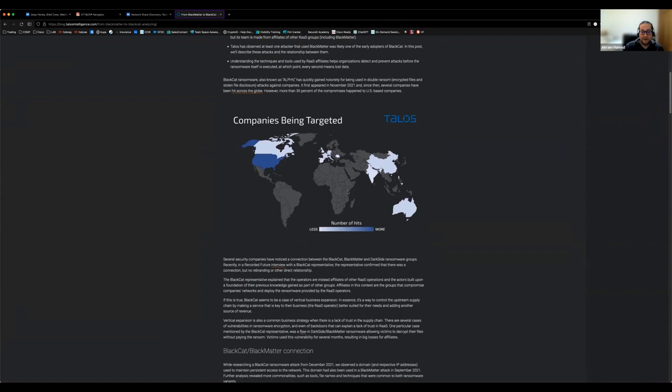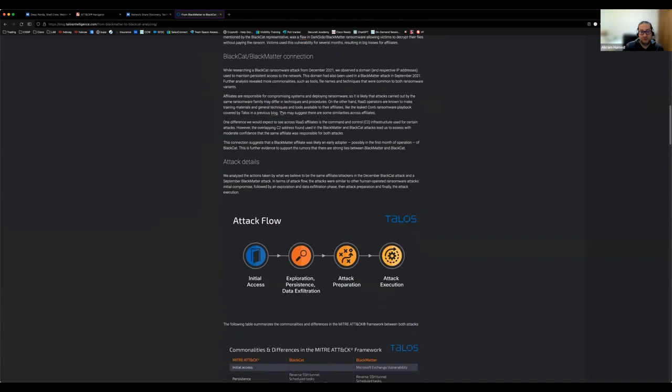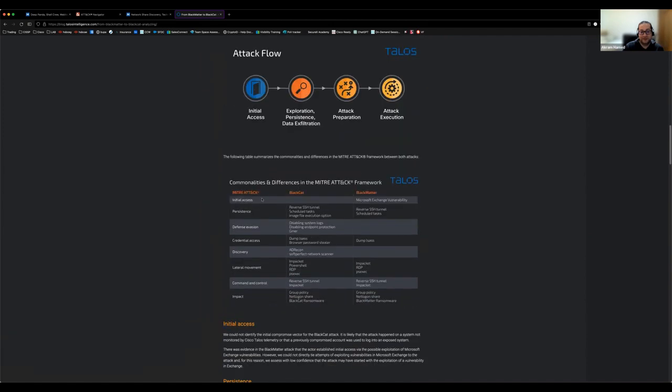But the idea of any blog post or write-up about any attack, either from Cisco Talos or from any other threat intel group, is that it would show you the attack happening in the same stages. It would tell you the initial access and so on, and that in the initial access this group used the Microsoft Exchange vulnerability. In persistence, they used a reverse SSH tunnel and so on.